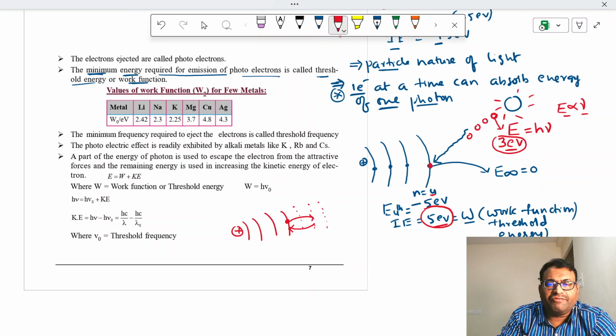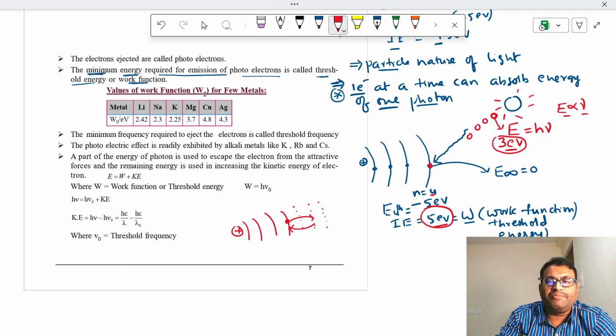After absorbing 1 photon, if that photon has sufficient energy for the electron to come out, it will come out. If not, it gets excited to a higher energy state, comes back to the original state by losing energy, and will not come out.